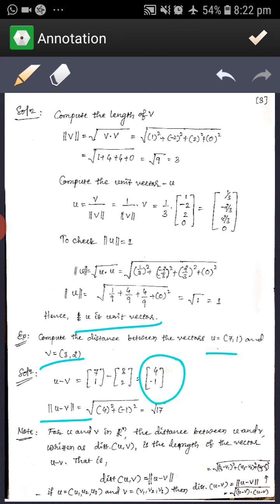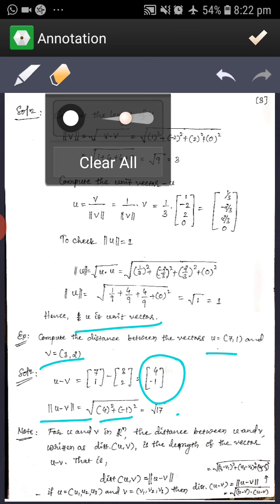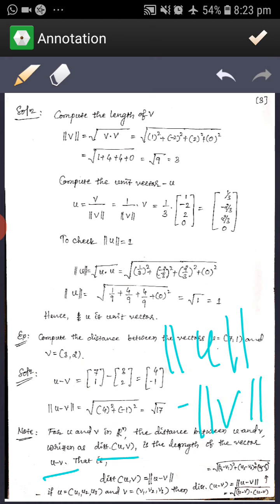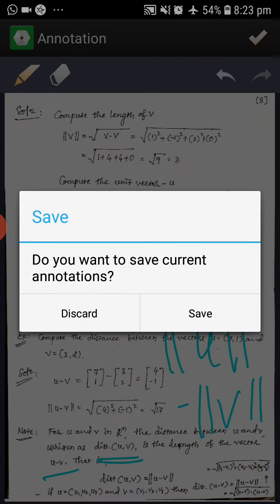Similarly, for u and v in Rn, the distance between u and v, written as distance of (u, v), is the length of the vector u minus v. That we call the distance between u and v.